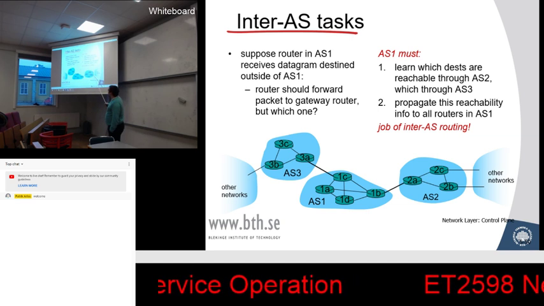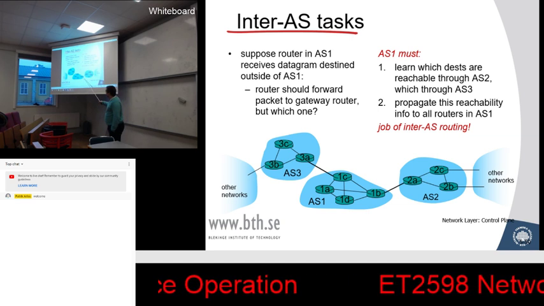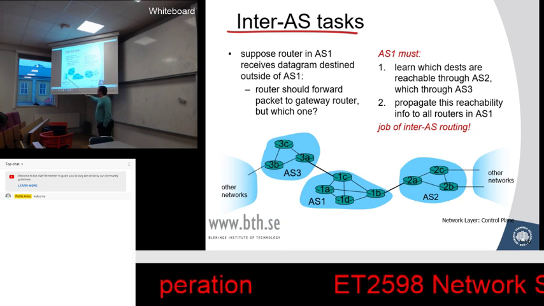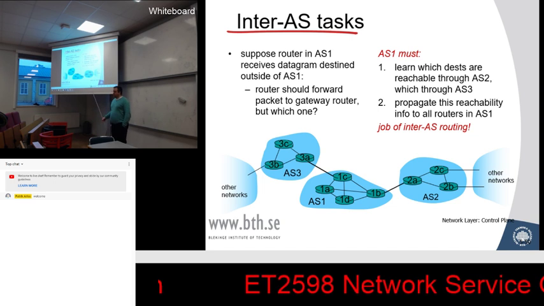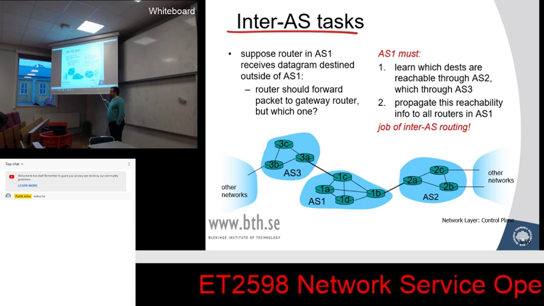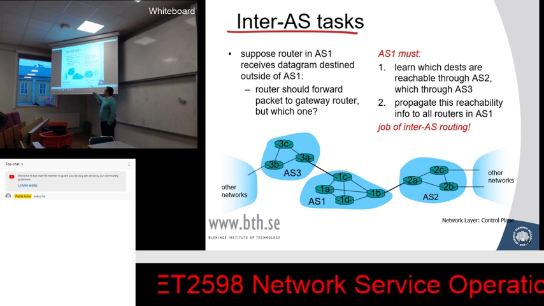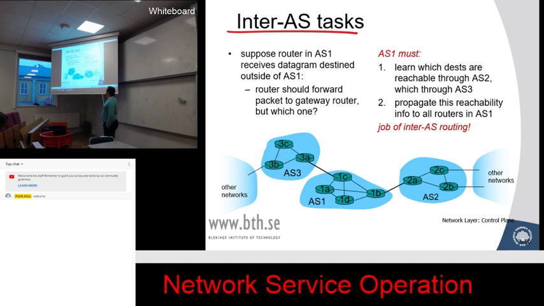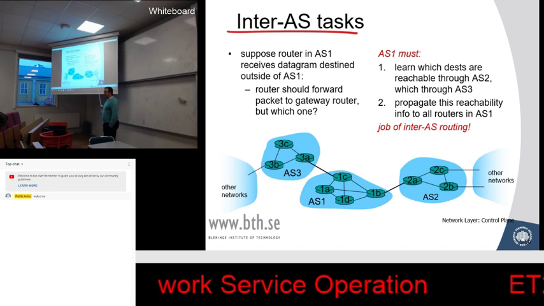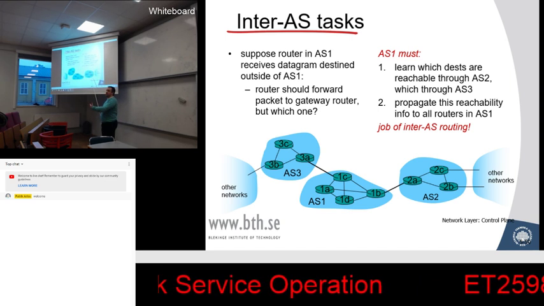And let's say that it actually will go to a network outside of these. So this AS has to inform both of these other ASs, "If you want to go to any of these networks, I'm capable of forwarding these packets."